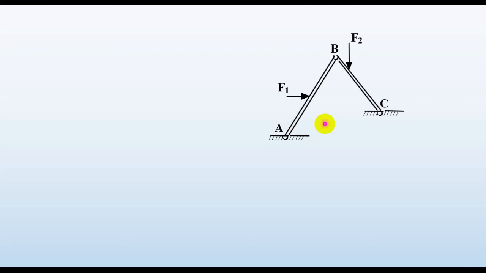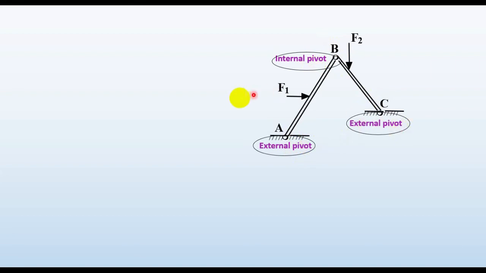If we look at it this way, we have here internal forces. It means internal forces don't appear once the bodies are connected. As long as our body is connected between BC and BA at this point, there are no internal forces here. They don't appear at all. But outside here, there will be an external pivot and another external pivot as a supporting.